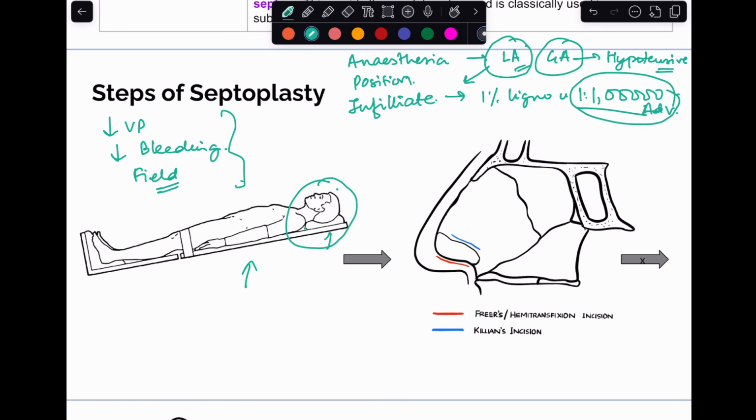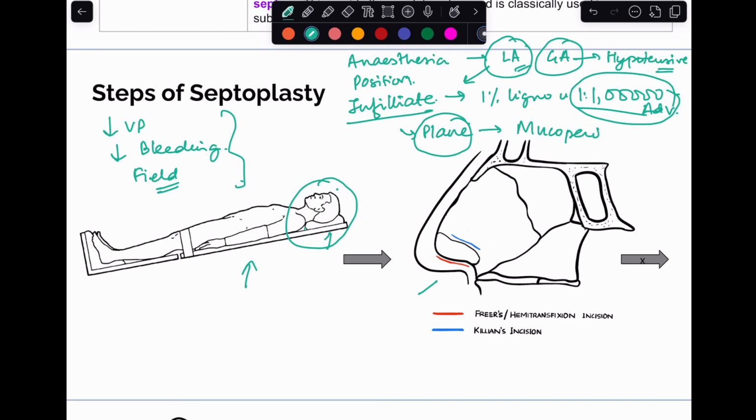And second thing is, this infiltration that you're doing, what is the plane at which you give it? We will give this infiltration at the mucoperichondrial and mucoperiosteal plane. This is the plane you infiltrate at, so that flap elevation becomes easier if you have infiltrated correctly in this plane.